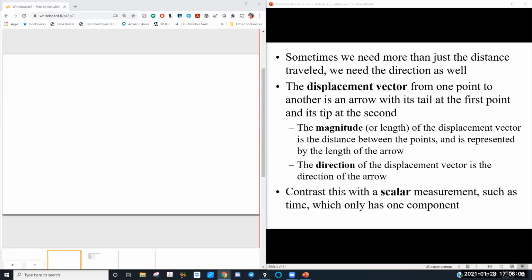Now, we contrast this with a scalar quantity. It's good to have the difference between the two. Most of what you've done in calculus has dealt with scalar quantities so far. A very good example is velocity versus speed.